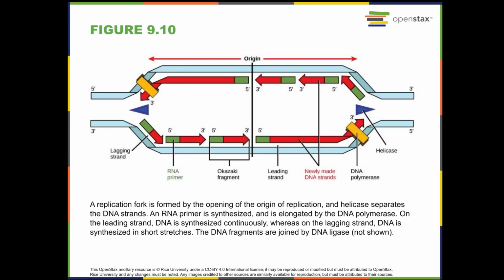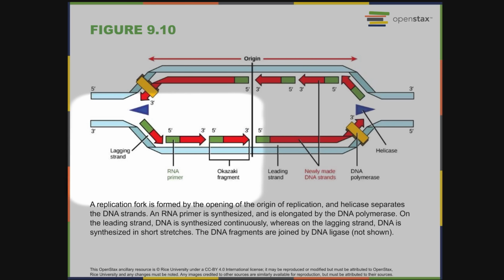Now if we look at the bottom of this replication bubble, we can see that the opposite is happening. And that's because the strand we're copying on the bottom is complementary to the strand that we're copying on top. So everything is kind of reversed. Starting at the origin, going to the left, we're going from the 5' end of the strand to the 3' end of the strand. That means that if we are trying to copy to the left, we would be making a copy that is 3' to 5', which doesn't happen.